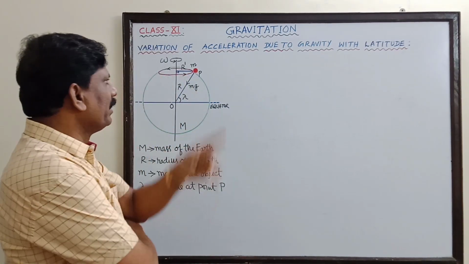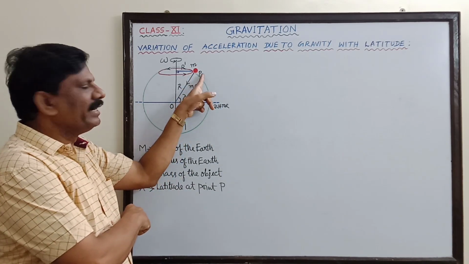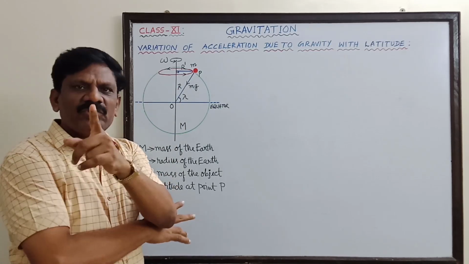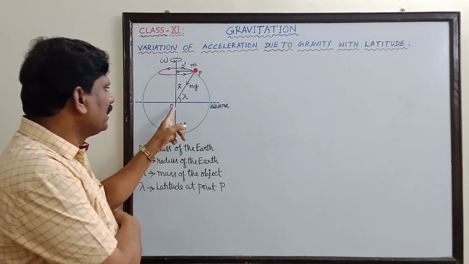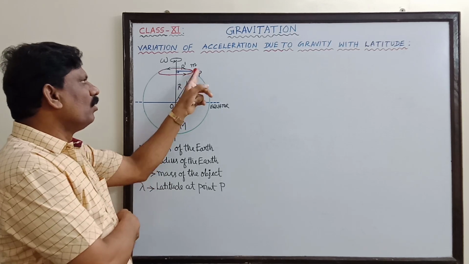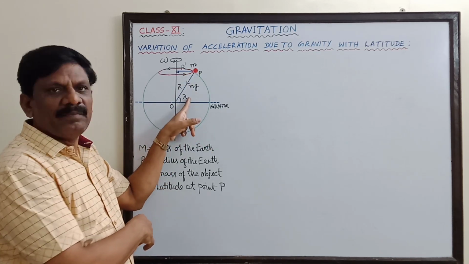Now say for example, a mass m is placed at a point P on the surface of the earth. If you join the position of this point P with the center of the earth O, then the radius vector OP makes an angle with the equator, that is lambda.